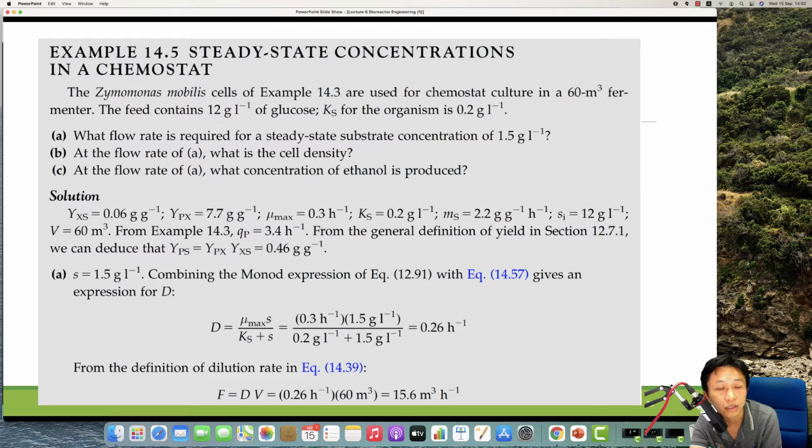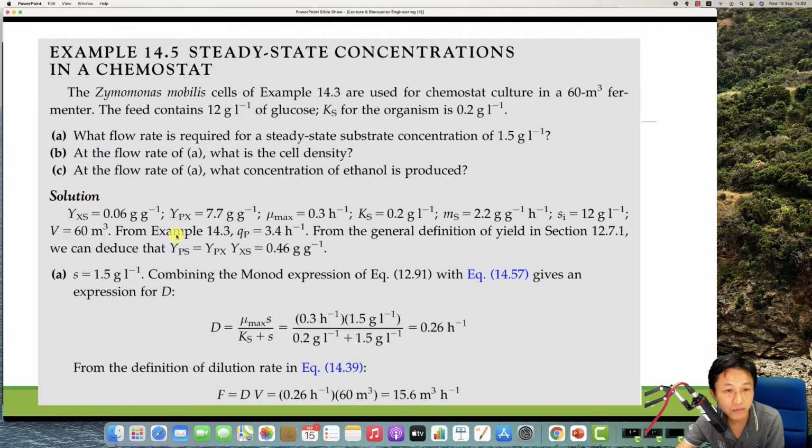Okay, so we need to calculate what the flow rate should be, what the cell density is, and what the flow rate of ethanol produced is.